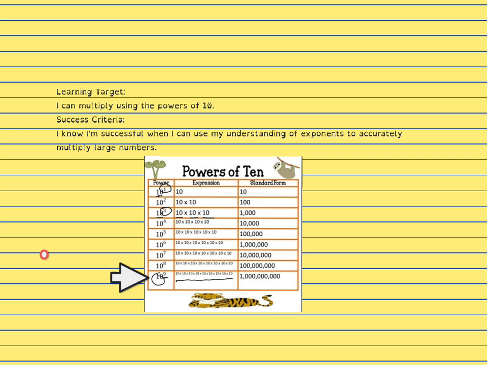And as we did earlier in the year, we know that if we multiply 10 9 times, we are going to get a very large number. That number is 1 billion. Okay? So now we're going to take what we know about the powers of 10, and we're going to use it to multiply large numbers.